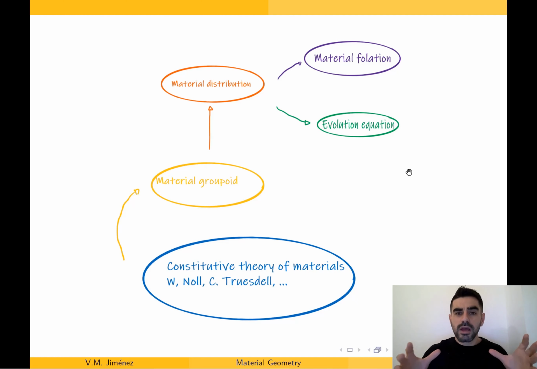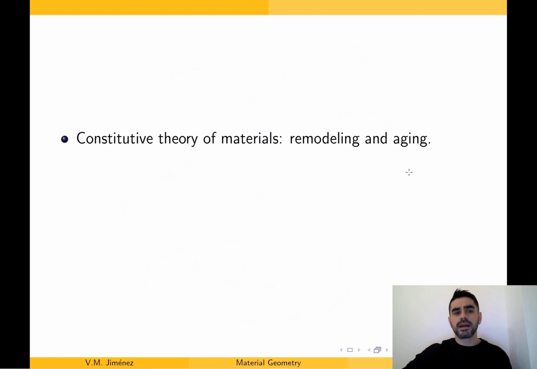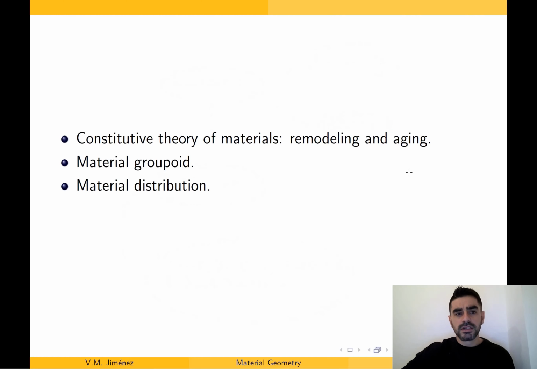So here we have the key points of this approach, which are the material groupoid, then the construction of the material distribution, and the associated material foliations and evolution equation. Let me give you an index of this talk. We will start talking about the constitutive theory of materials, focusing on evolution material and defining only two properties, remodeling and aging.